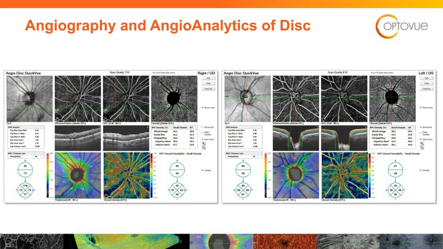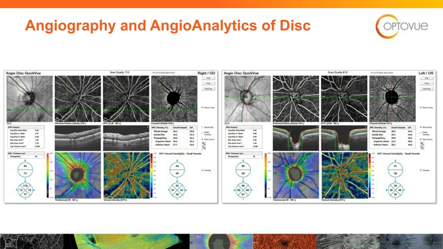We can see how that superior and inferior quadrant are definitely more compromised in the left eye than the right eye. And just look at that nice wide blue wedge defect and how that is showing that the glaucoma is worse on the left side than the right side.